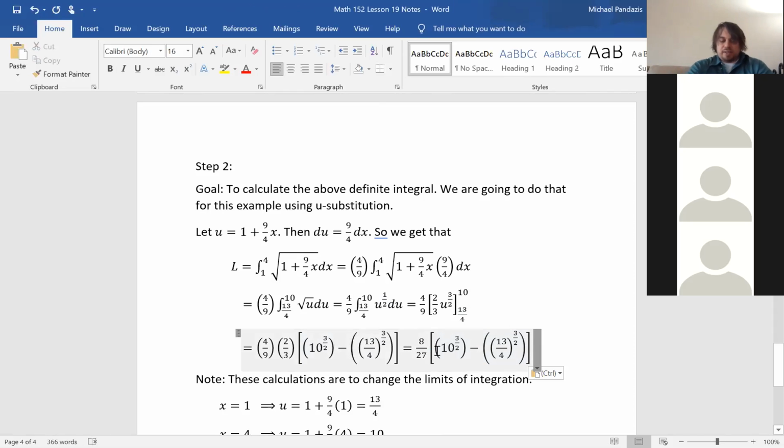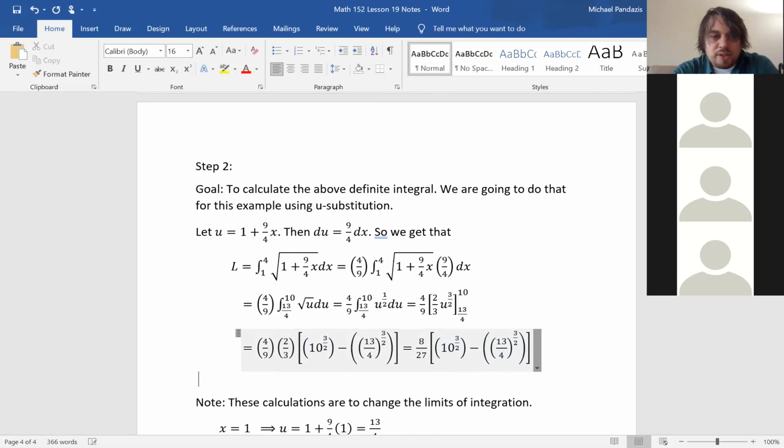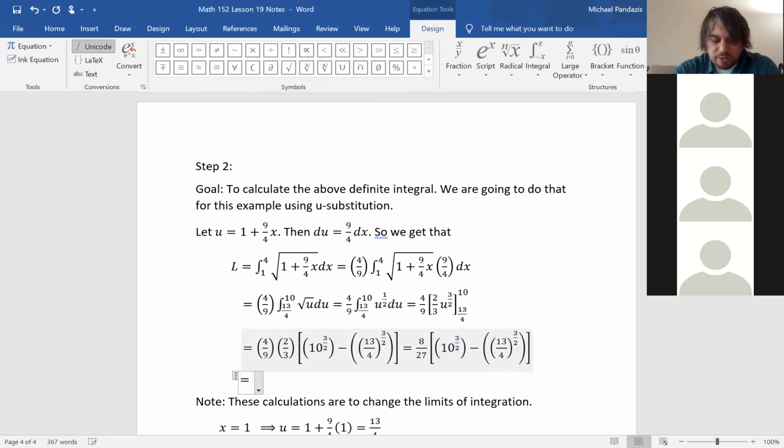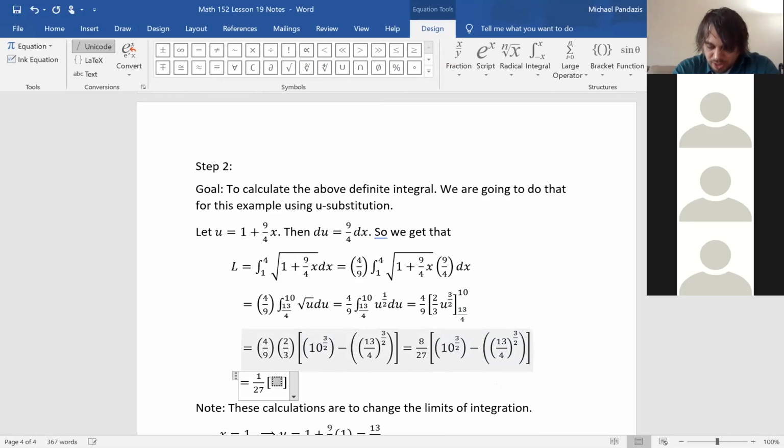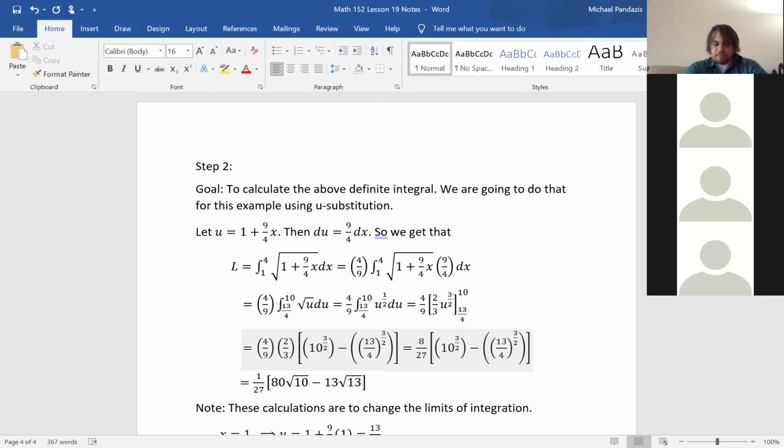Okay, and you could leave it like that, or this also simplifies to 1/27 times 80 root 10 minus 13 root 13. All right. And so that's the answer. That's the solution to that problem. Okay.